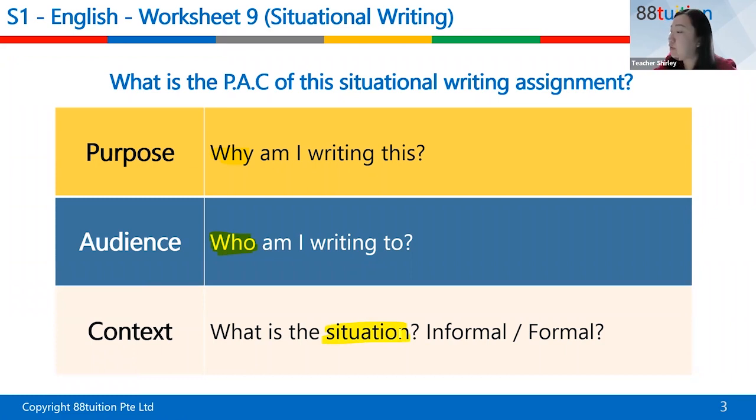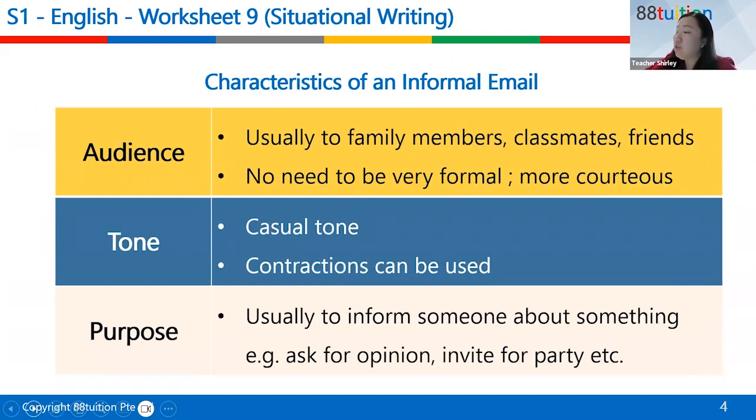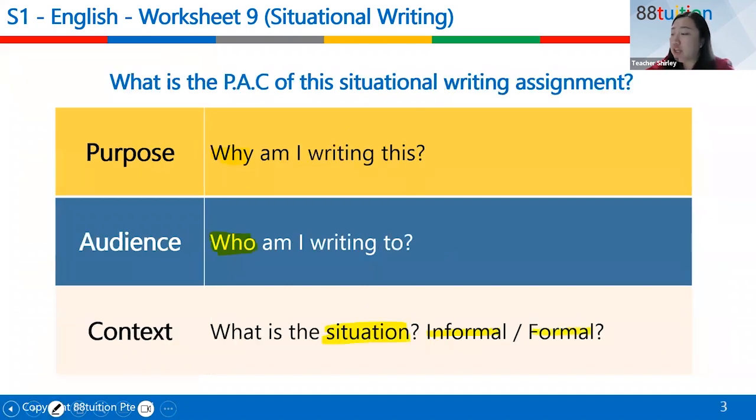Very importantly, based on context, you will be able to identify whether you should be writing an informal or formal email or letter or whichever. So basically that's PAC. Your teachers in school might have covered it, or even if they have not, they'll probably talk a lot about it in English lessons. So just now was in general for situational writing.